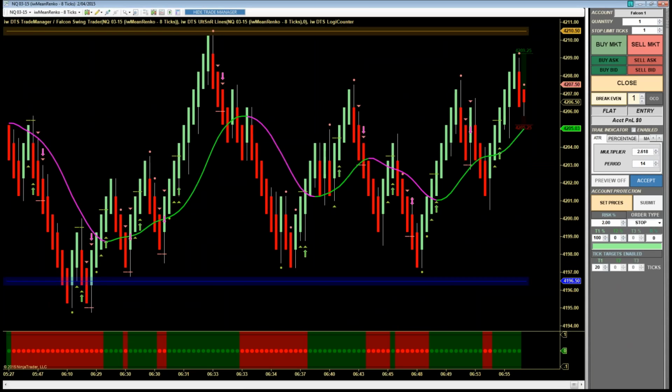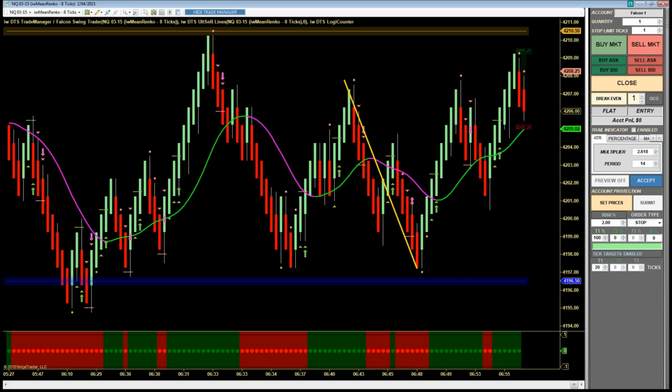The beauty of the mean Renko bar is it combines all the strengths of a range style bar, like a Renko bar or a range bar, but it adds the sensitivity of a candlestick. So you have a very good feel for who is in control of the market. It's very clear where the buyers and the sellers are.